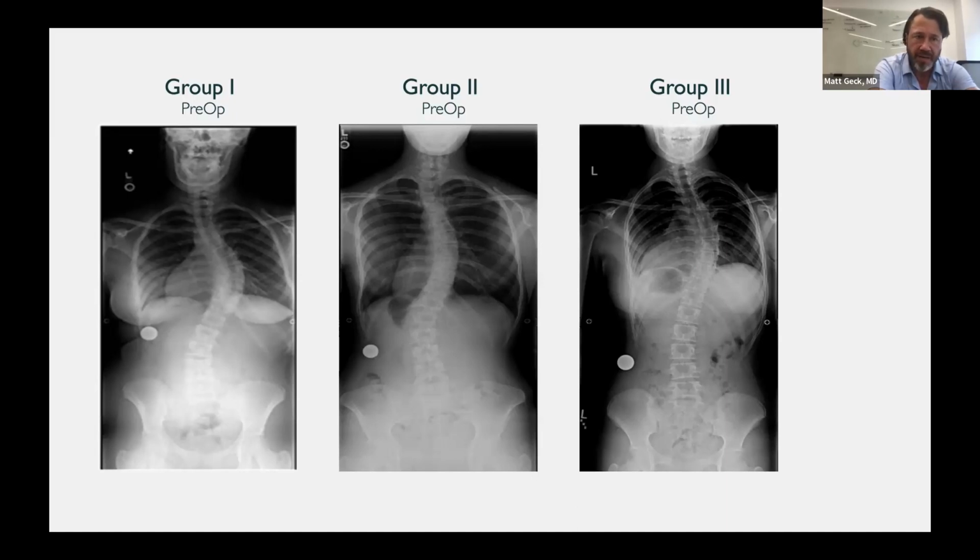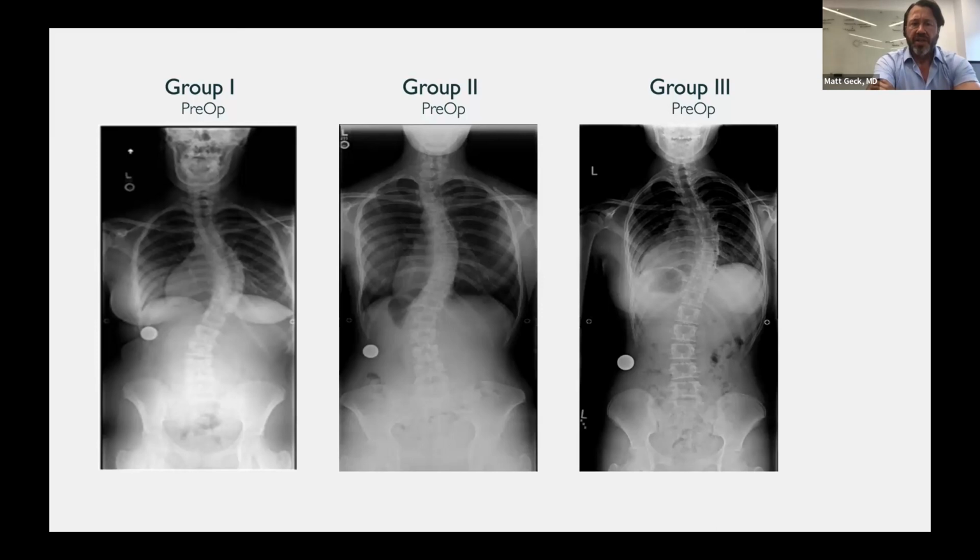Even 20 years after it's been tried, since people started doing growth modulation in the late 90s, early 2000s, even the current best systems still have complication rates in the 20%, 25% range. But for the growing patient with the perfect size curve, that is an option that many parents would like, some patients are interested in, and I think can really help some people have a great result.